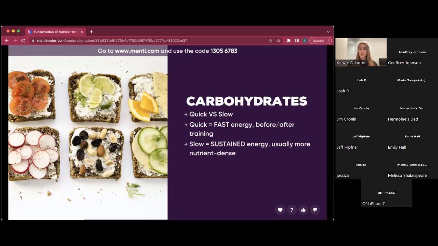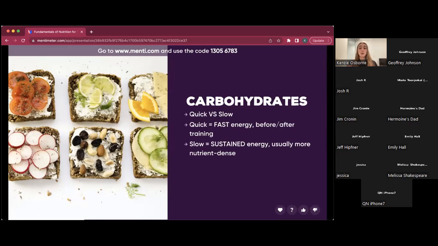Slow carbohydrates, on the other hand, are harder for our body to digest. They take a longer time to be converted into energy. Generally speaking, we don't want to have those too close to training. Slow carbohydrates are going to be things like beans, whole grains, rice, things like that.